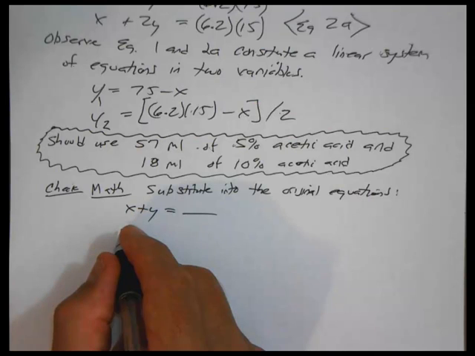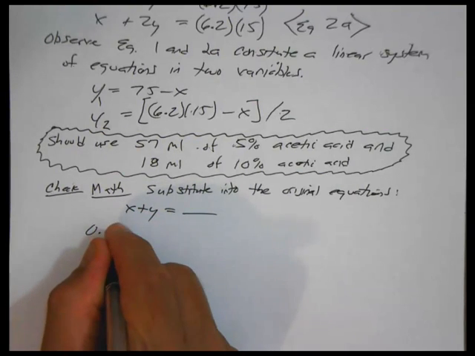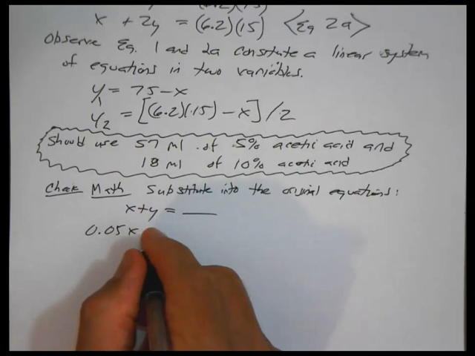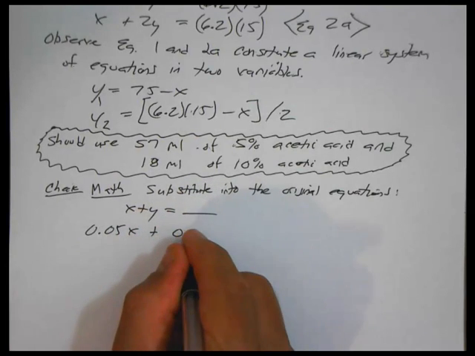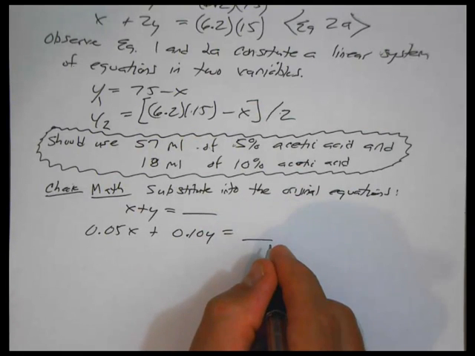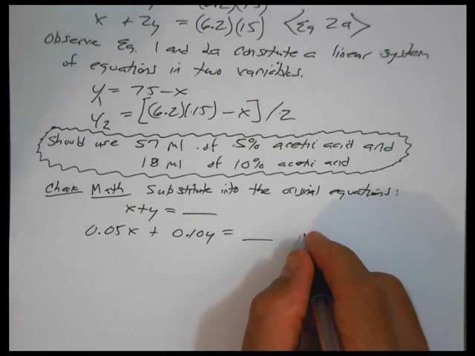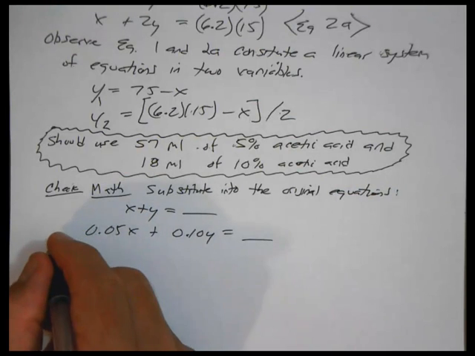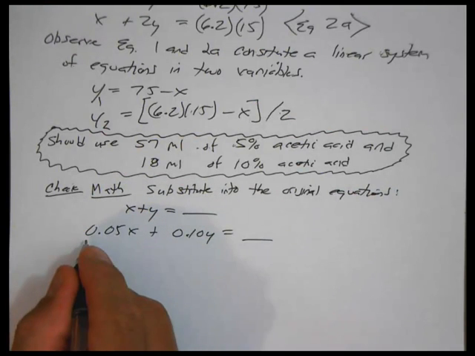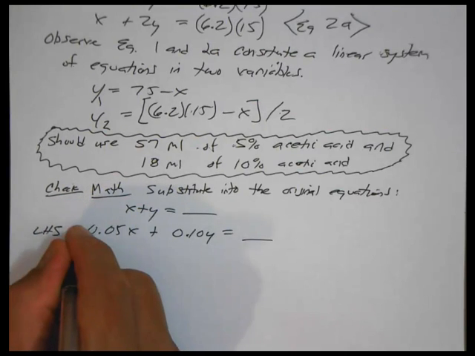Now on the first equation, the left-hand side is 0.05x plus 0.10y, and its right-hand side is not computed as a single number, so we'll have to do that as well. So this here is the left-hand side, LHS.